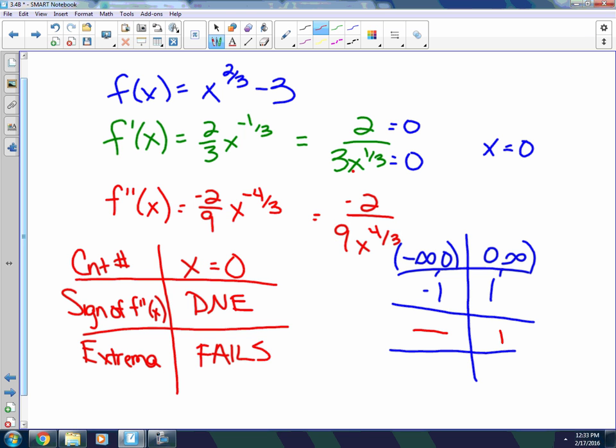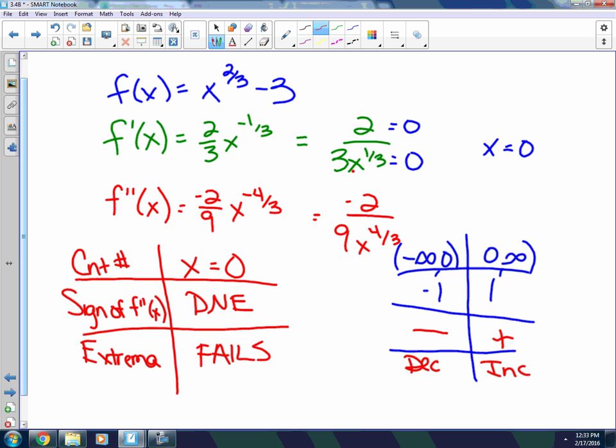Positive. So this first derivative test tells me, if the first derivative is negative, the original is decreasing. If the first derivative is positive, the original is increasing. Is that an extrema right there where it switches? What kind?